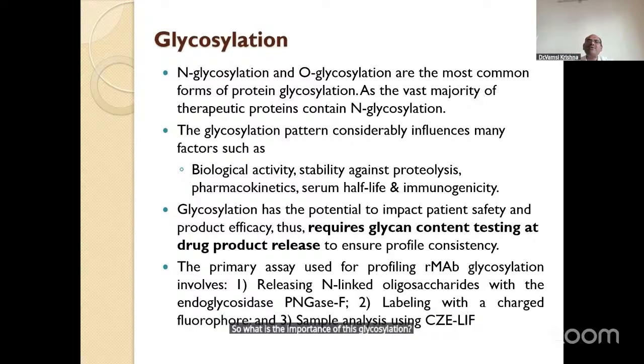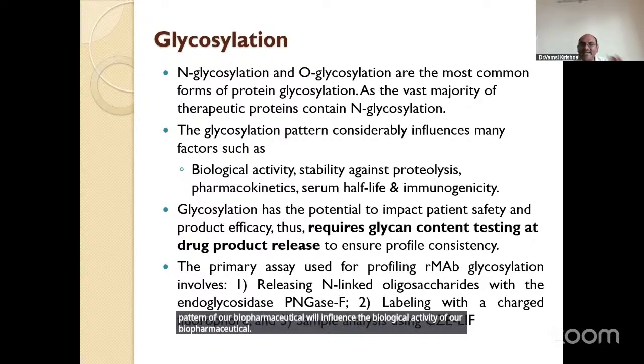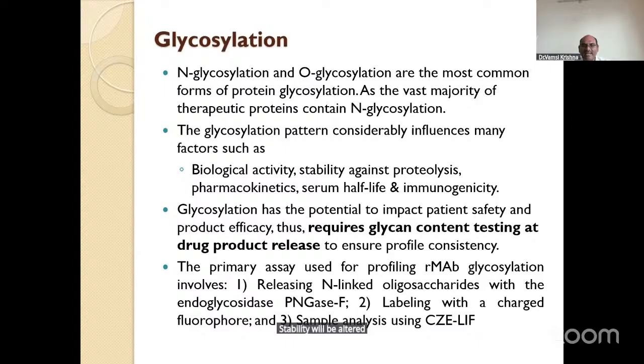How is it going to influence various factors of our biopharmaceutical? The glycosylation pattern will influence the biological activity of your biopharmaceutical. Stability will be altered based upon glycosylation.